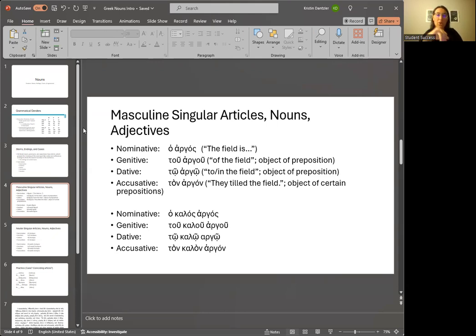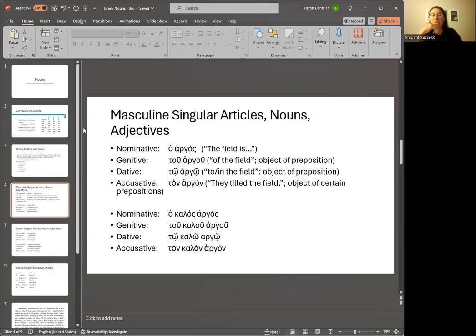So, ho Argos. Genitive is tu, that's the article. The ending for the noun now begins to copy the article, so it's going to rhyme. Tu argu. Okay, that would be genitive, of the field.